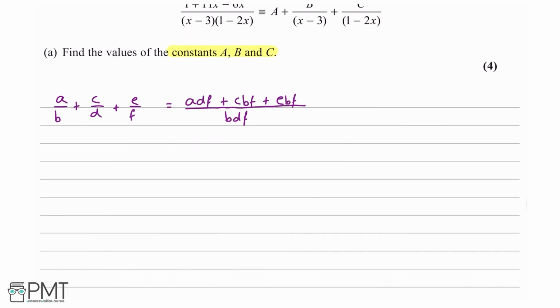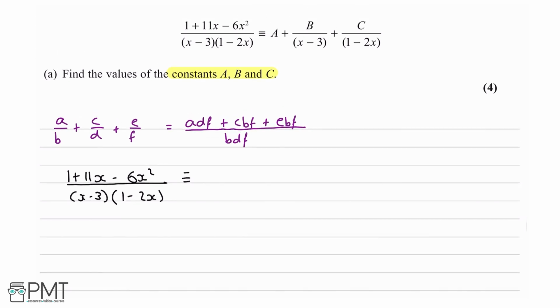So I'm going to start by writing (1 + 11x − 6x²) over (x − 3)(1 − 2x) is identical to. The first thing, to get (x − 3)(1 − 2x) for A, is we need to multiply the numerator and denominator both by (x − 3)(1 − 2x). So we end up with A(x − 3)(1 − 2x).